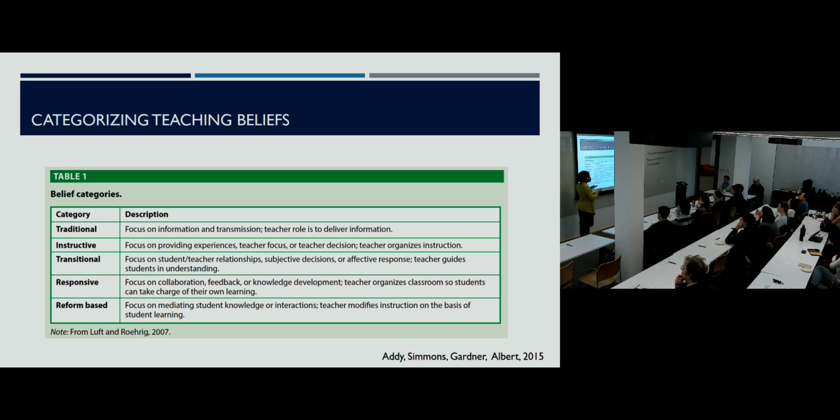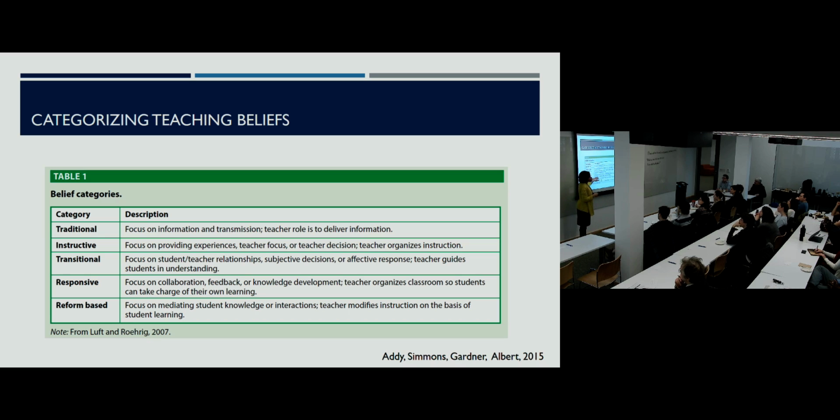Transitional is right in between, and these instructors typically say, I want to have good relationships with my students and I want to help them understand, but there's not more than that. But they care, they want to have good relationships.